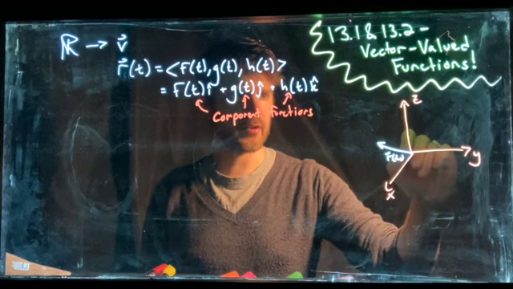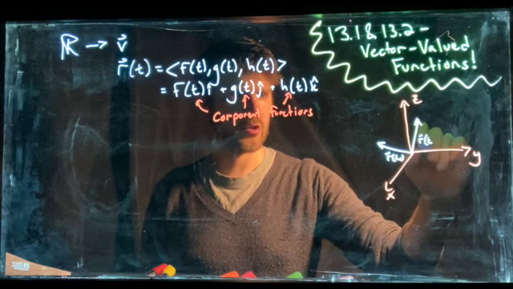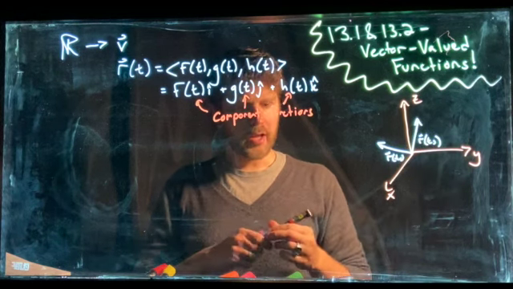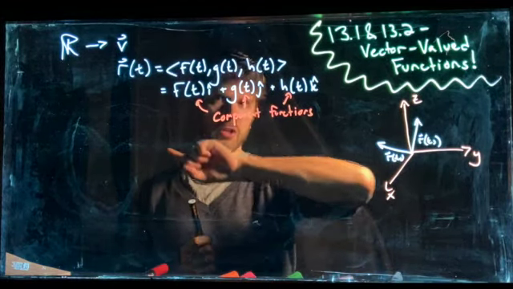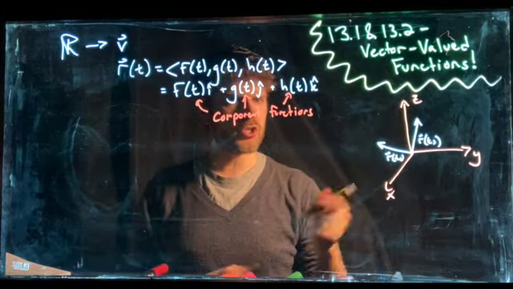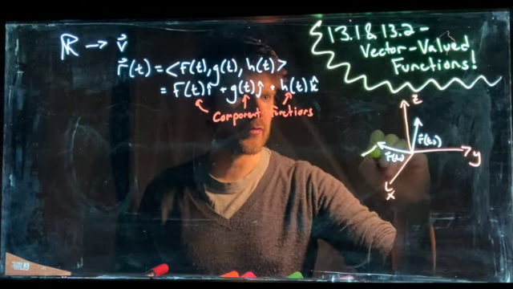And at some time later, we might have a different position vector, r of t2, and so on. One way to visualize this is that if you imagine the tip of this vector as t changes, you could imagine that it sweeps out some kind of curve.